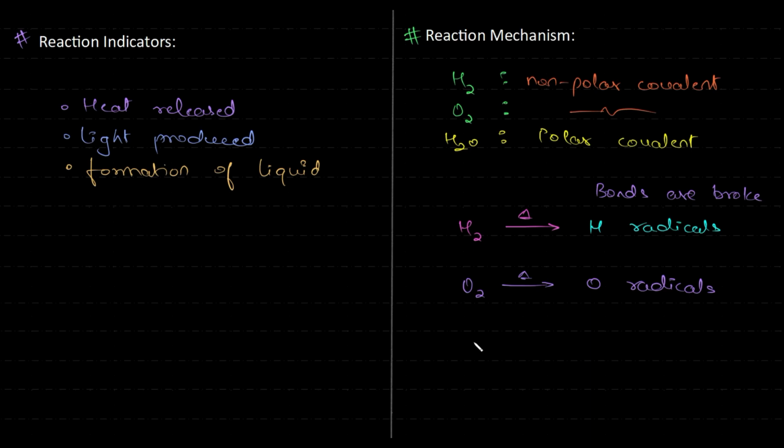So basically, H2 and O2, if they are here with their energy level, and H2O, if they are here, there's a difference in energy. And this has to go somewhere, and that goes as heat.